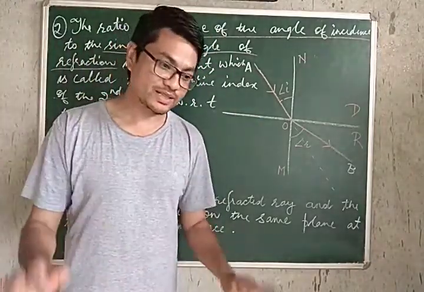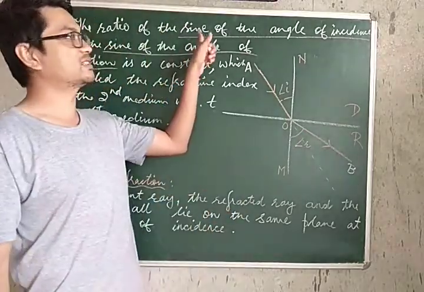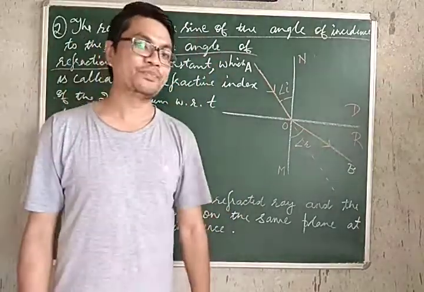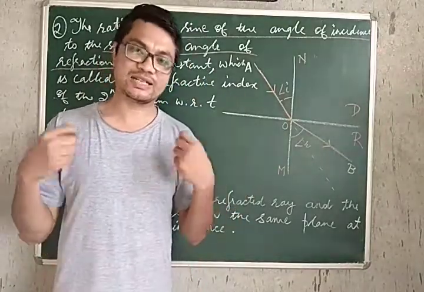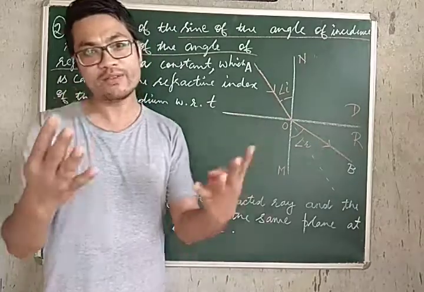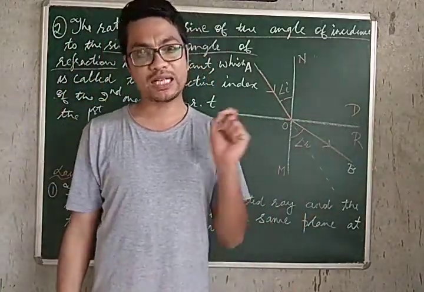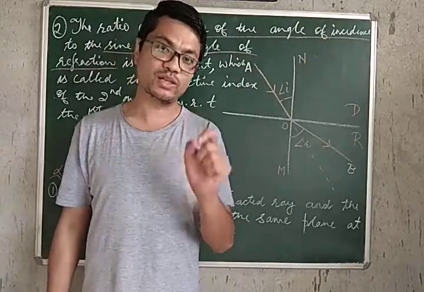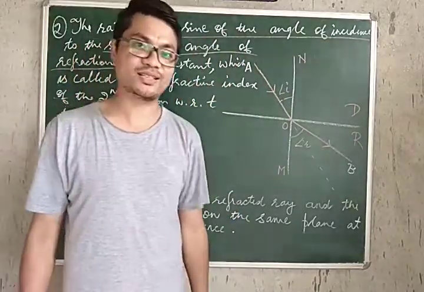Alright, so it's better I do not try to explain what these terms actually mean. Okay, you will also do refraction of light in class 10. Whoever will be your physics teacher in class 10, he or she will help you understand these terms after you reach class 10.